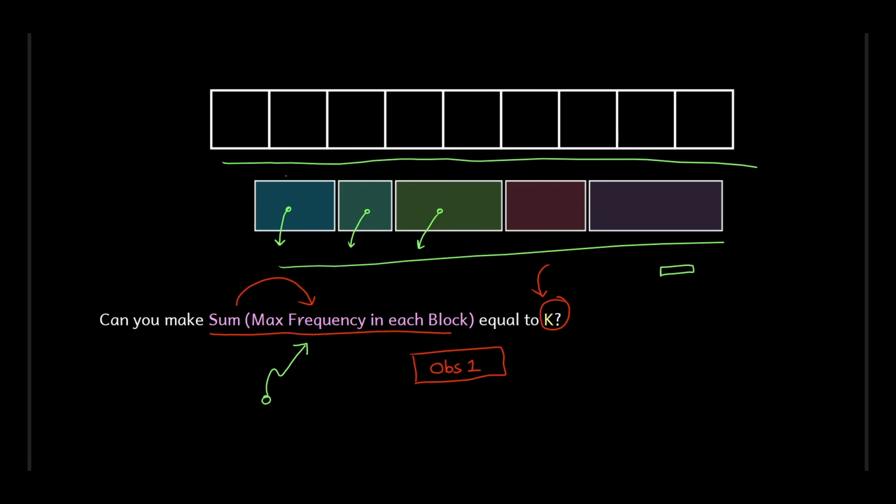If the frequency is x, then x copies are present, meaning x slots are already occupied, and if this frequency is y, then y slots are already occupied. This means that the total frequency cannot exceed n.